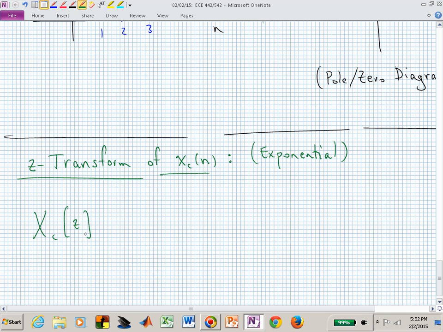We are now looking at capital X sub c of z, which if you were looking for partial credit, you would say, oh, I'm just going to write down the definition of the Z-transform. That's this sum from n equals 0 to infinity of the time domain waveform weighted by this complex exponential, little x sub c of n weighted by z to the minus n.